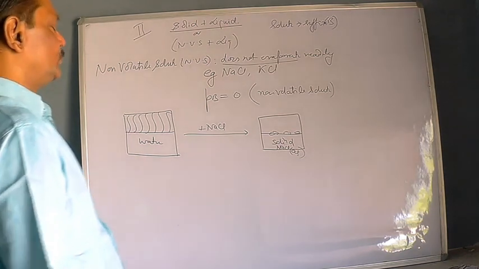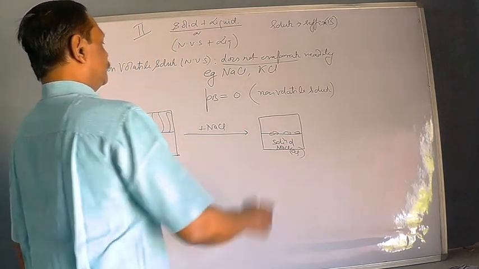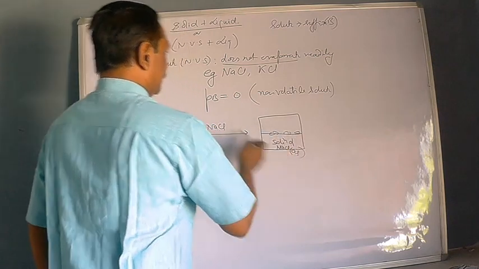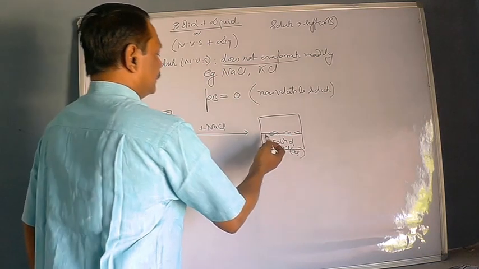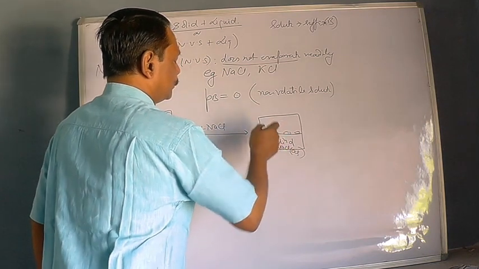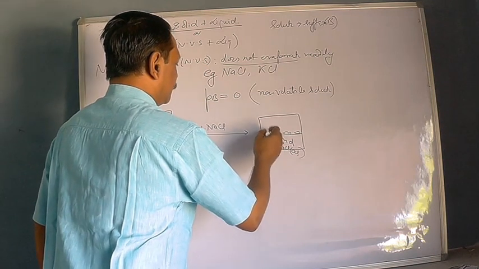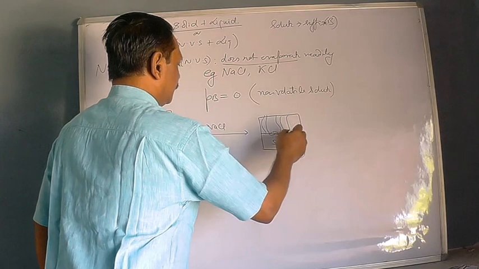It means some solute particles have already come on the surface. As you know, they don't have any vapor pressure. They are occupying a surface over here, and we all know that vapor pressure is a surface phenomenon. So ultimately, the surface area of the liquid available decreases due to this non-volatile solute, and now we find that the vapors coming out are very few.